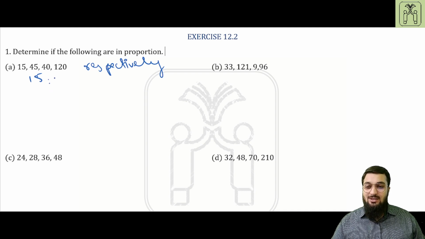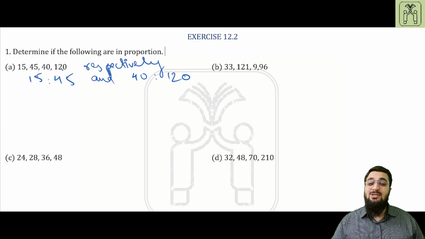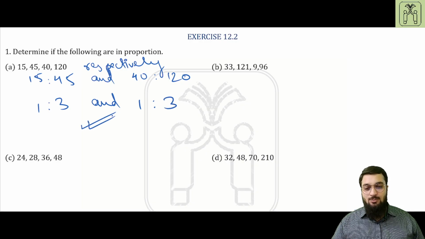So 15 is to 45 and 40 is to 120 will be written, because the one which is mentioned first will be written first and the one which is mentioned last will be written last in the same manner. After that, we'll try to simplify that, and this will become 1 is to 3, and 40 and 120 will also become 1 is to 3. Yes, they are in proportion.